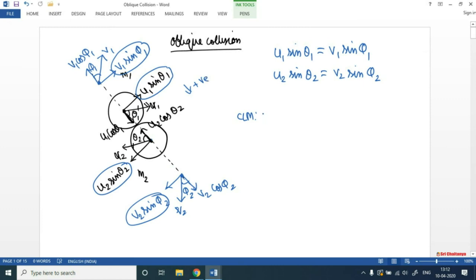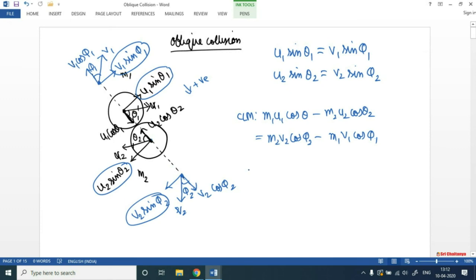So m1 u1 cos theta 1 minus m2 u2 cos theta 2, which is the linear momentum of the system just before the collision along the line of impact, will be equal to m2 v2 cos phi 2 minus m1 v1 cos phi 1 over here.